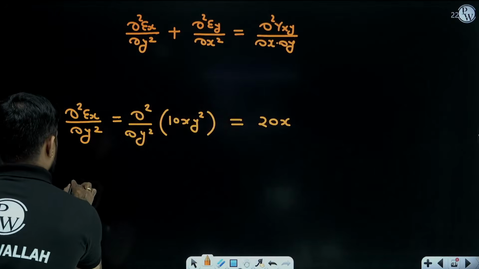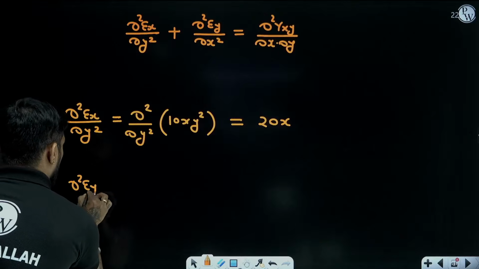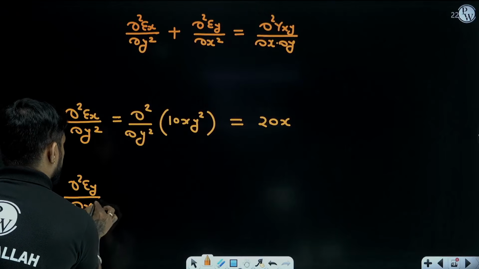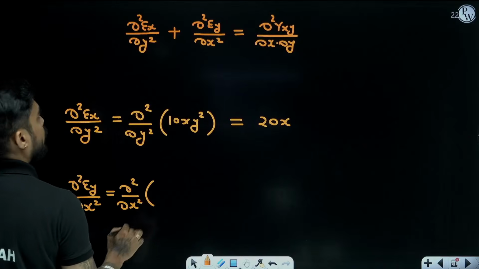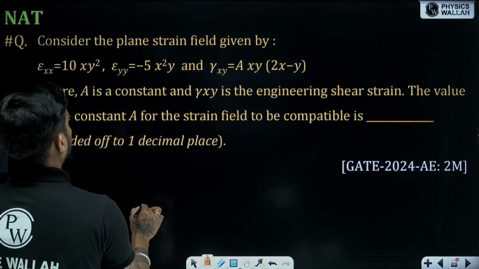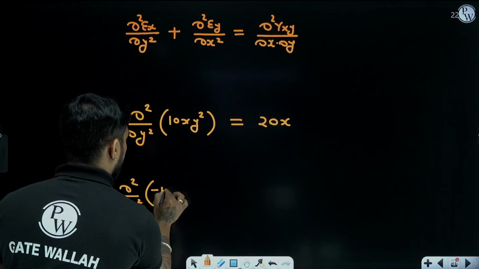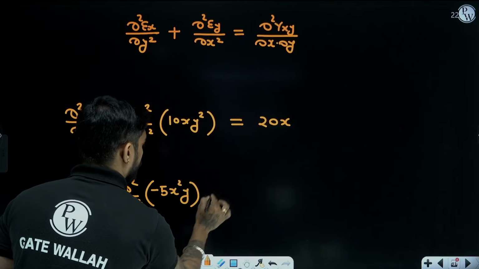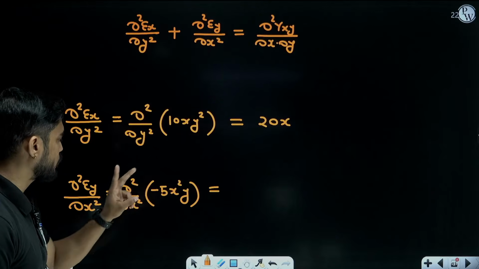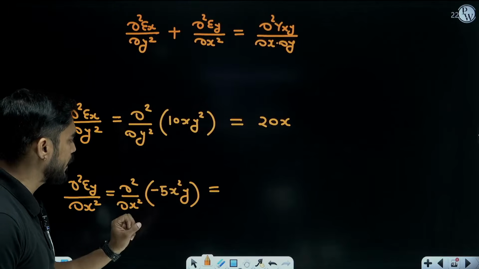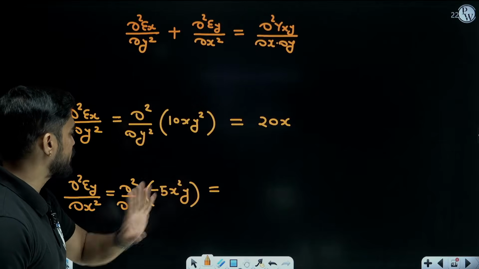Okay, then dou square epsilon y by dou x square. So dou square by dou x square, what is epsilon y? Minus 5x square y. So if I differentiate this with respect to x 2 times, one time I will get minus 10xy, 2 times I will get minus 10x.